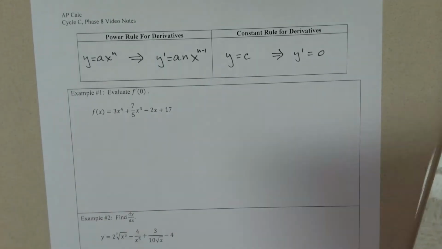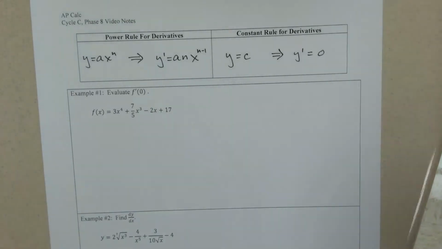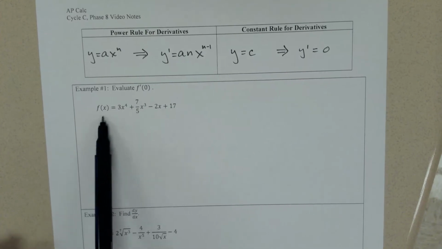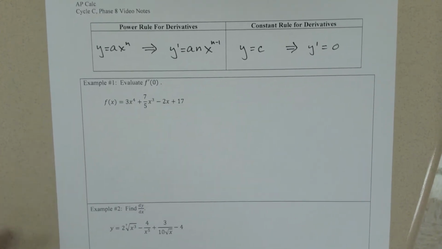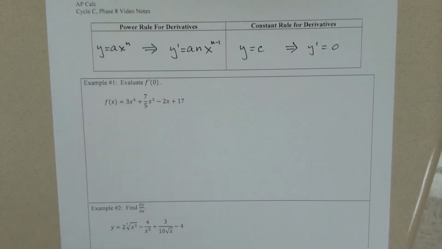All right, so for example number 1, we're going to evaluate f prime of 0. So you need to take the derivative. Let me start by asking this question, because we're going to learn how to do 3 things in this course and then use these 3 things to solve problems.